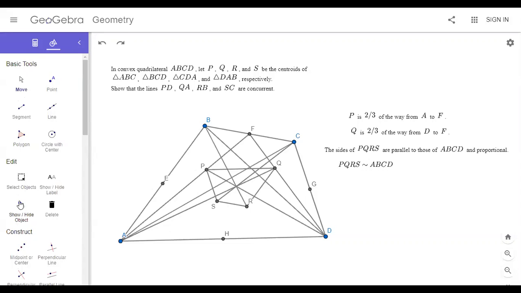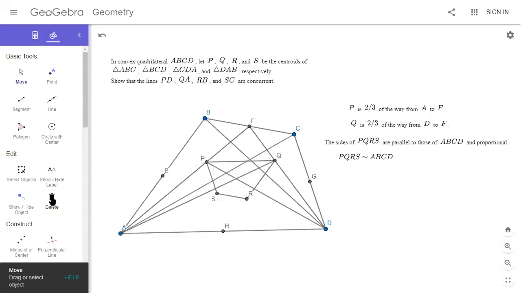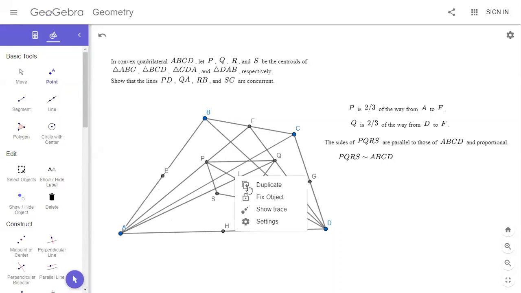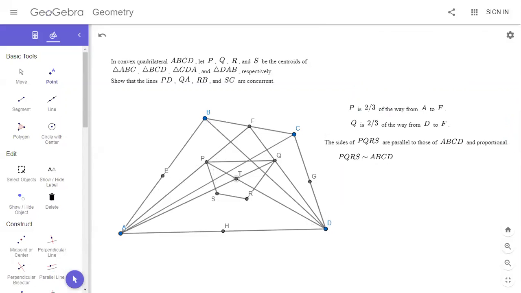Okay, so PD intersects AQ at T. I'm going to hide these things for now. And BR intersects AQ at T prime.